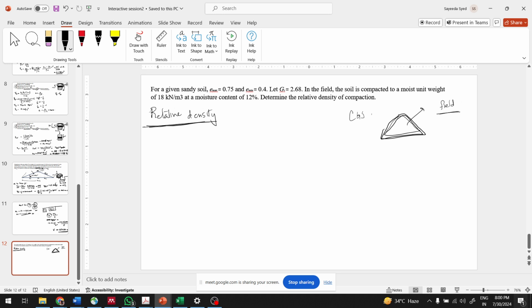When I give you this sample, the density of the sample does not matter anymore, because the density in the field of this soil is what matters. I have taken this out and given it to you.